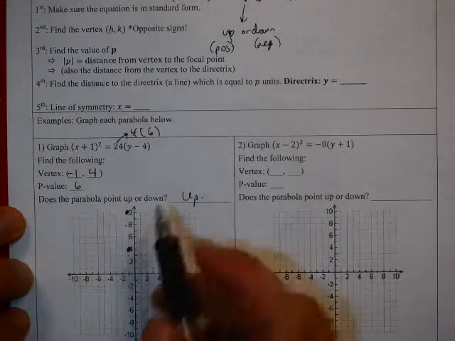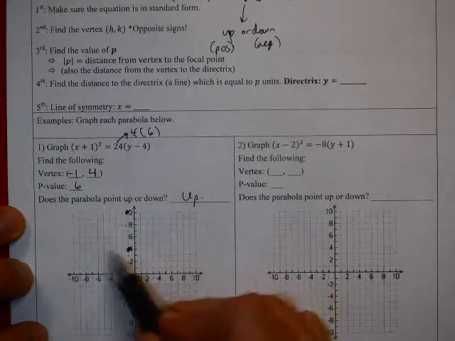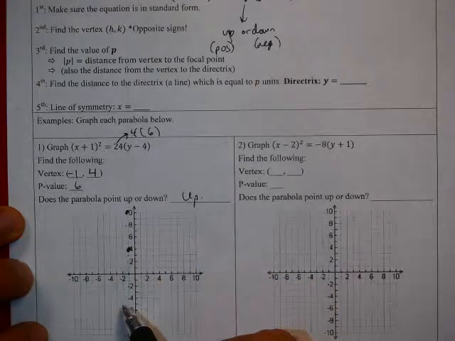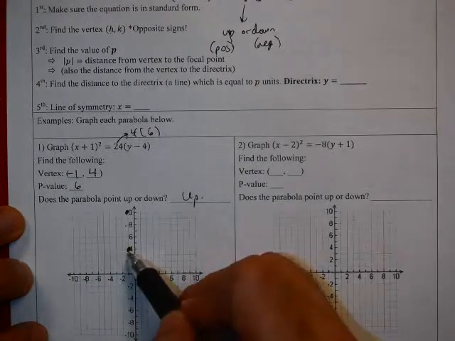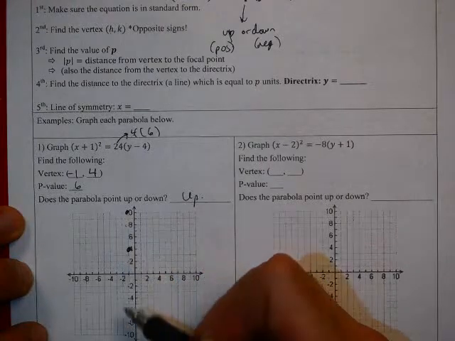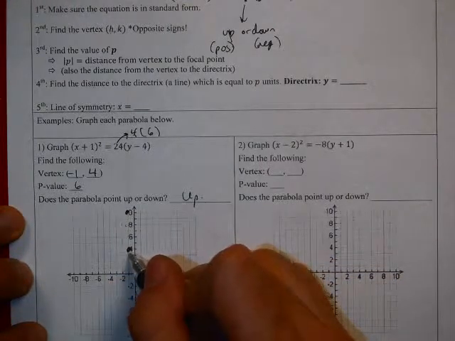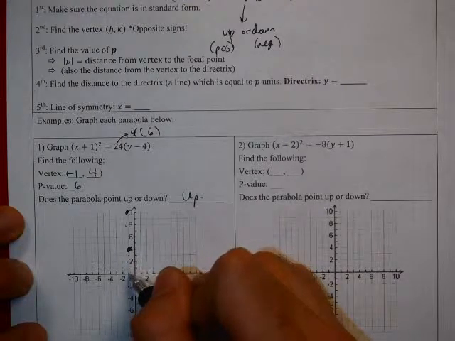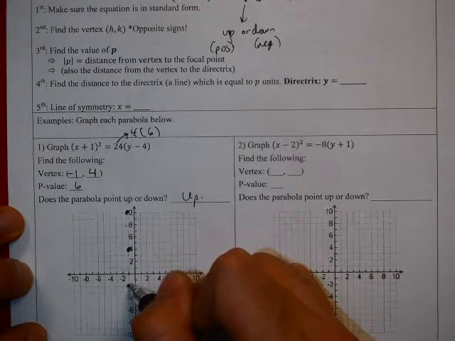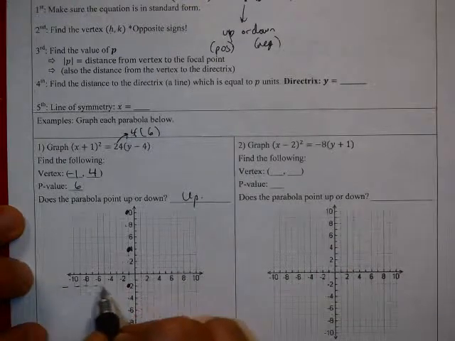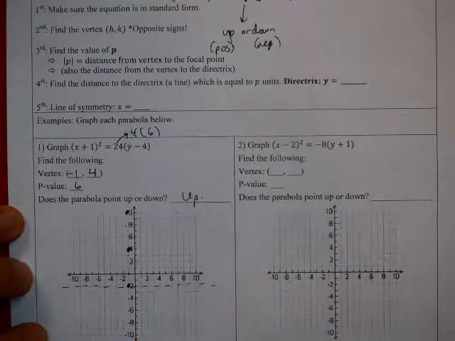Now what that means is that the parabola should open up this direction, and the directrix should be below it. Now that distance we went for the focus, we're doing the same distance for the directrix. So from here we're going down how many units? 6. 1, 2, 3, 4, 5, 6. Now it's not just a single point, it's a horizontal line. There's your directrix.